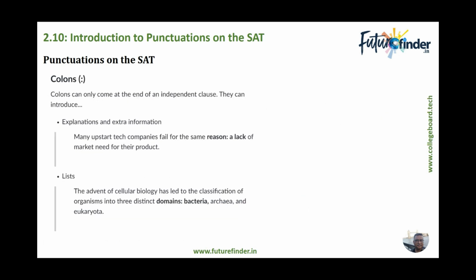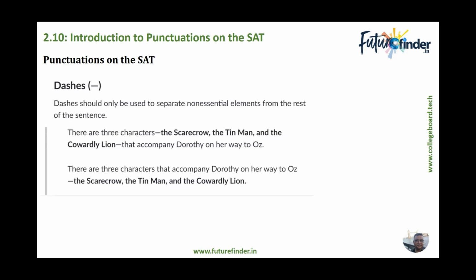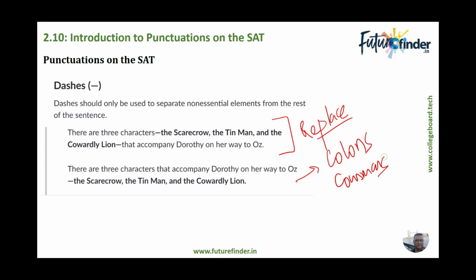What about colons? Colons are generally used for extra information and lists. Obviously, colons are always after independent clauses. So we are going to do this when we do our colons. Dashes obviously have two basic functions. They sometimes replace commas, and they also sometimes replace colons.